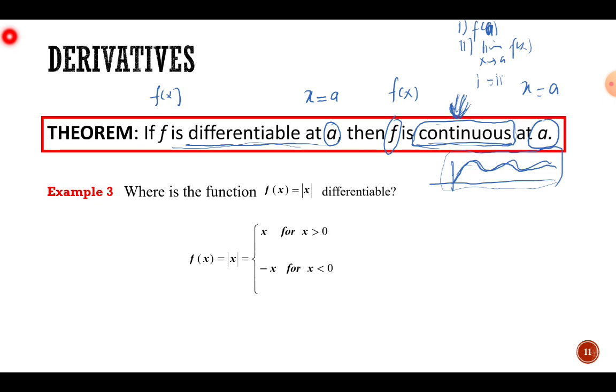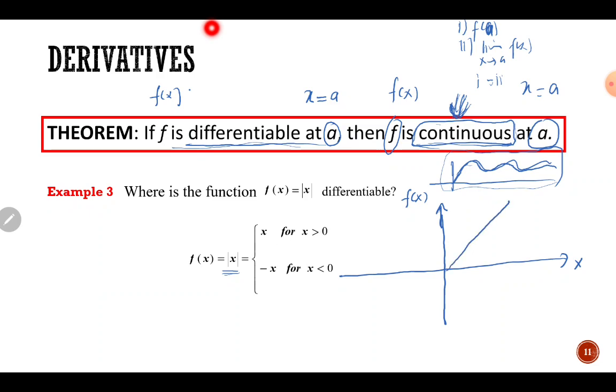So for an example, let's have a look at this example 3. We have the function f(x) equals modulus x. We have discussed this modulus function, where we break it into two cases, for x more than 0 and x less than 0. So let me draw f(x) first. We have f(x) here and this is x. The graph equals x for x more than 0.